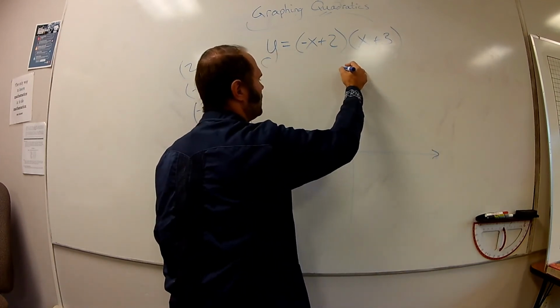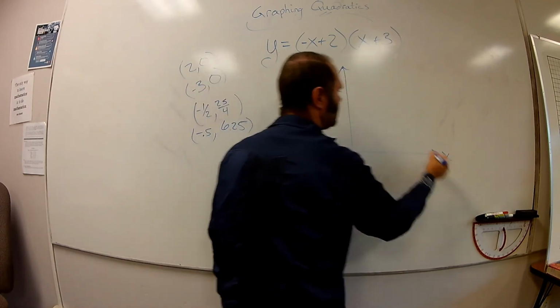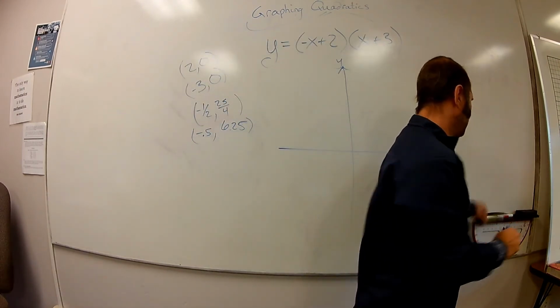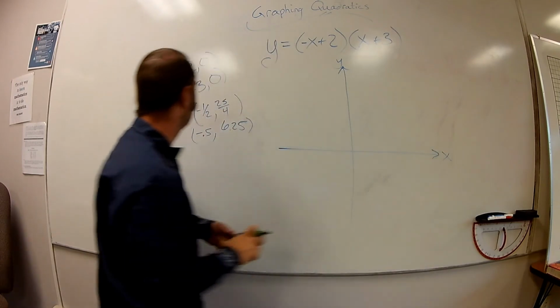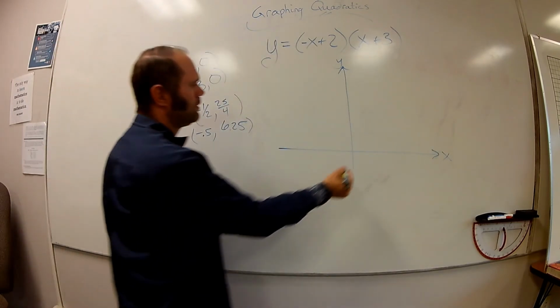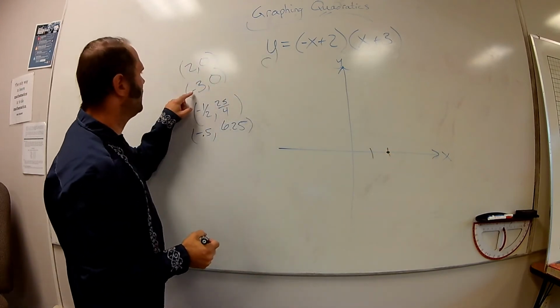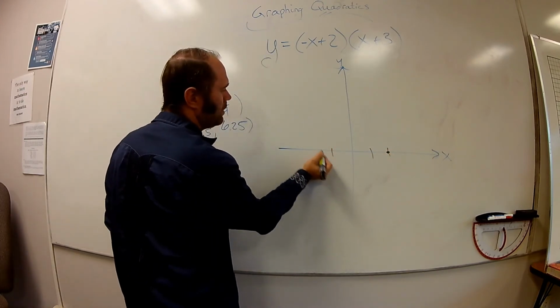So we can graph it. If we need more information, we can get it. We've got our x and y axes. We've got 2, 0. We've got negative 3, 0.